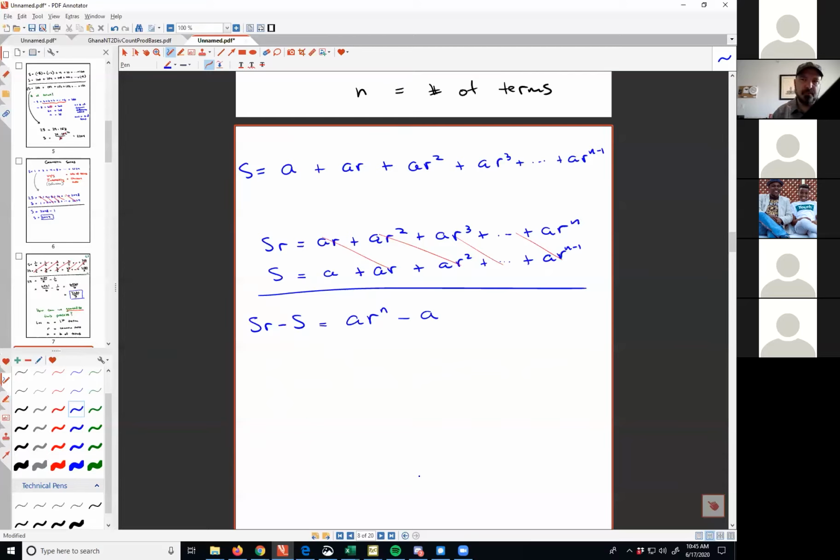I think we could divide through by R, which would make it, no. Could we factor S out? You could move S, so we could divide both sides by R. So Snake had the right idea. So what Snake said is, let's factor out S. The left-hand side becomes S times R minus 1. Yeah, sometimes we isolate through factorization.